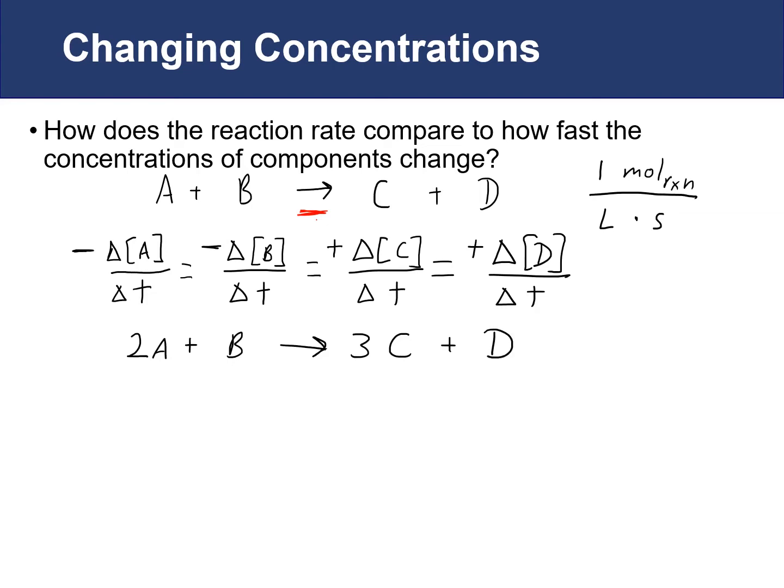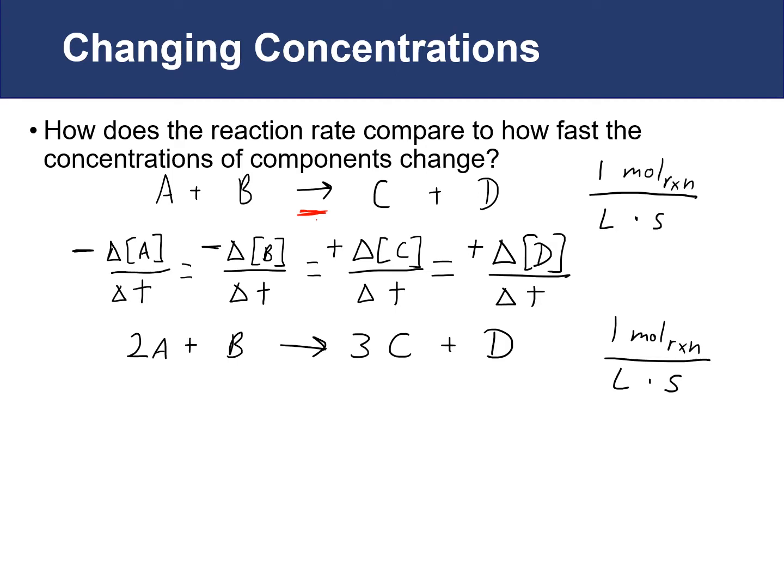So we're going to say that the reaction is occurring at 1 mole of our reaction per liter per second, right? So essentially we're crossing this arrow, 1 mole worth of reaction for every liter that we have each second.